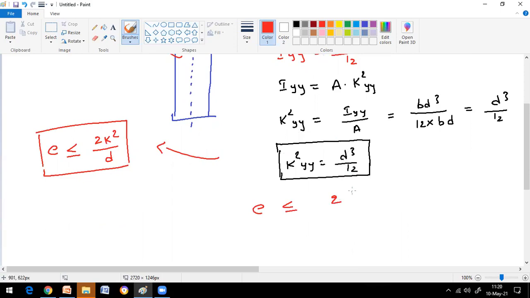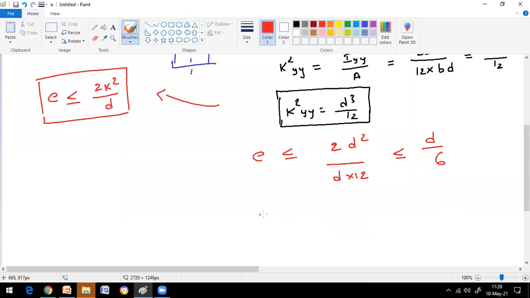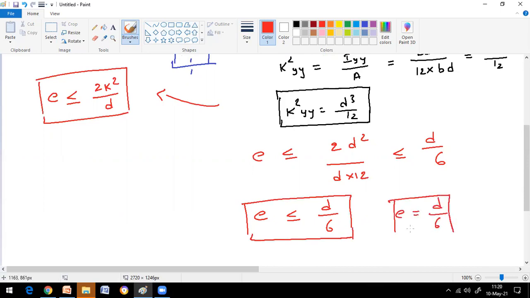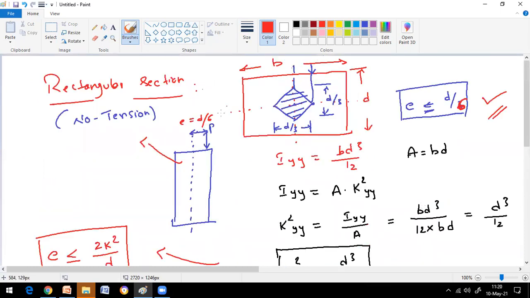What happens? d square by d into 12. Finally it becomes d by 6. So E should always be less than or equal to d by 6, and E can be equal to d by 6. This is what I wrote here.